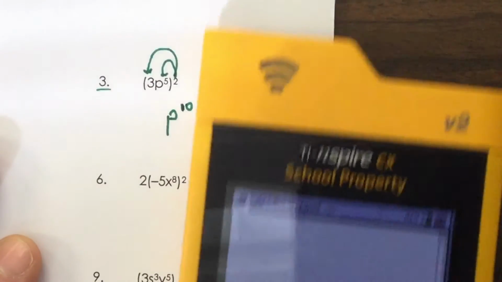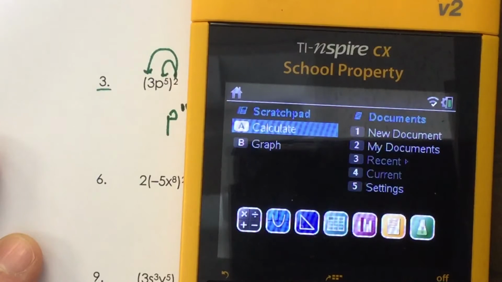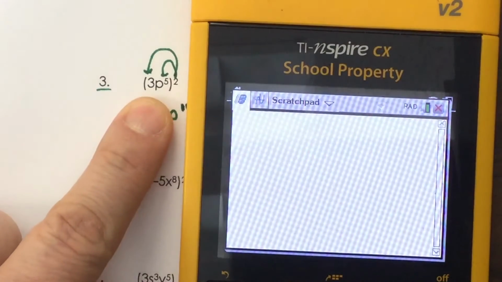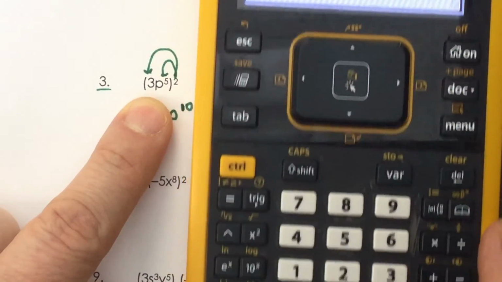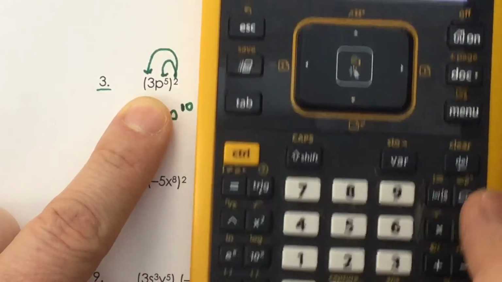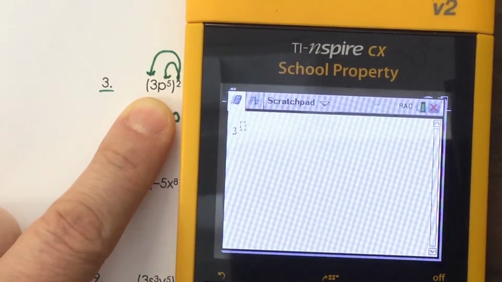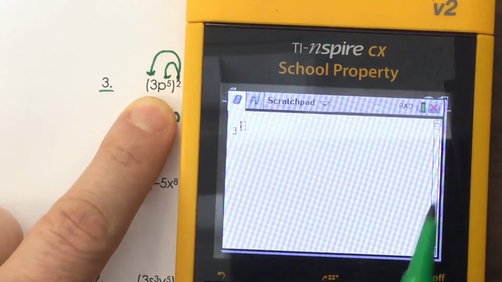I strongly suggest, for a good while we're getting used to this, I suggest you just do all these in the calculator. I'll show you how to put in the power. 3, to raise it to a power, you push the caret top button. It's right below your equal sign. That gives you a little template box in the exponent position. And I can put in whatever exponent I want to.